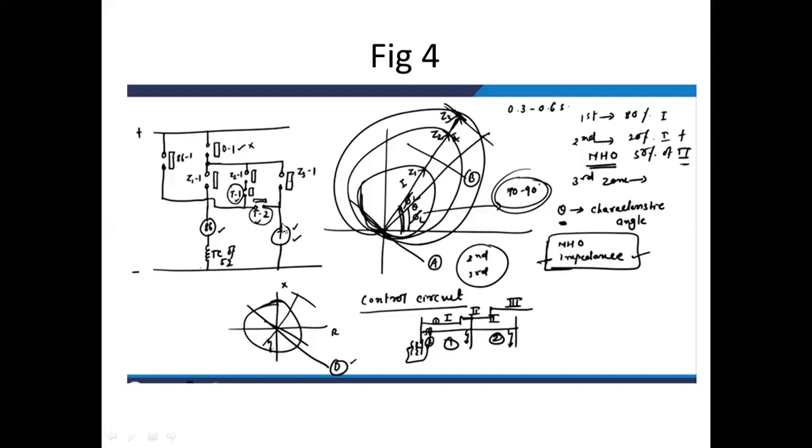So here you can see that T is the coil of the timer, and 86 is the coil of the auxiliary relay. We have three zones as I have told you: Z1, Z2, and Z3. Z1-1, Z2-1, Z3-1 are the contacts of zone 1, zone 2, zone 3.